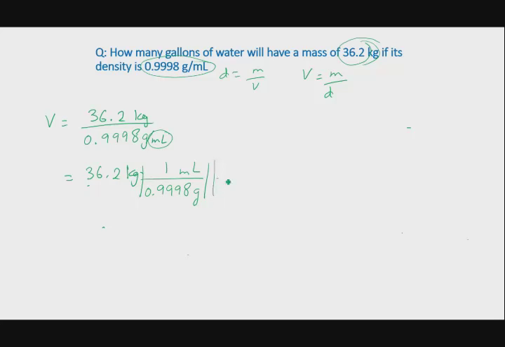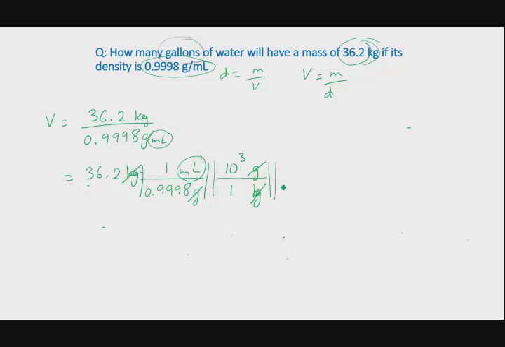So how about we can convert one of them to match the other? It doesn't really matter which one. So grams goes on the top, crosses out, kilograms goes on the bottom, crosses out there. 1 kilogram is equal to 1000 grams. So we do have volume at this point. If you notice, the only unit left is mLs, that's volume, but we need to calculate the volume in gallons.